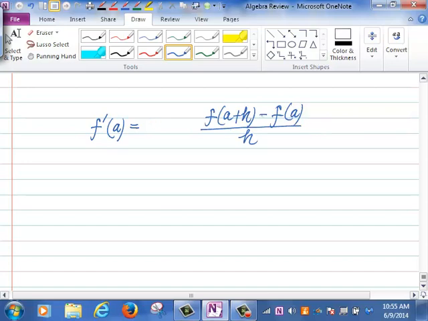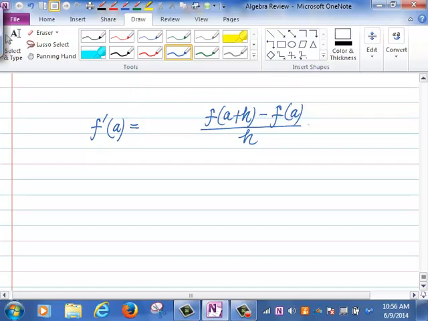But what is this ratio? This ratio is basically, notice that the input here changes from a to a plus h, right? So you're changing the input value from a to a plus h. So the input is changing by how much? h.